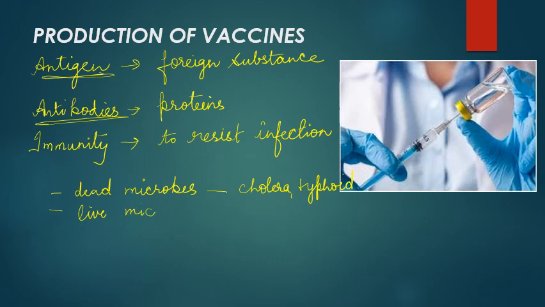They can be live microbes also, but these live microbes have been altered so that they are no longer dangerous and they cannot cause disease. For example, in case of polio and measles.